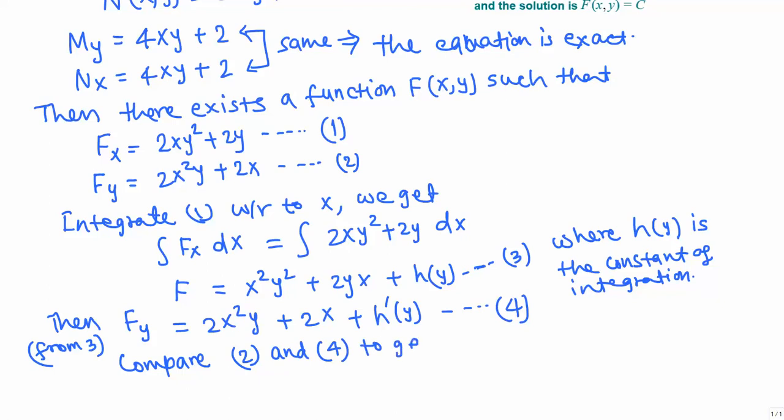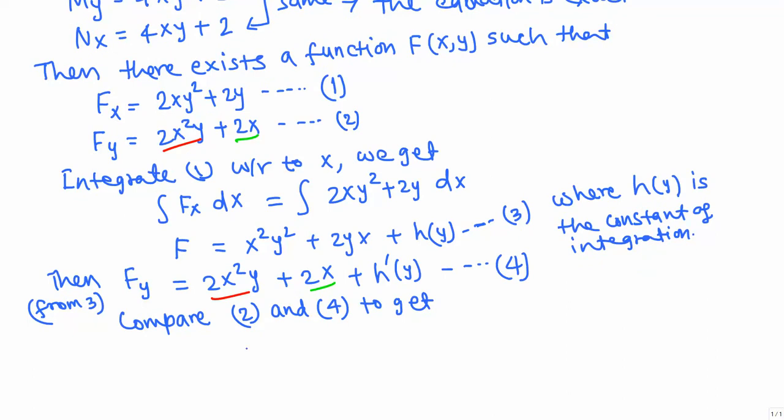The left hand sides are equal, f_y, so 2x squared y and 2x squared y are the same, and here 2x is the same. That means this h prime of y should be 0, because there is nothing else here, but the left hand sides are equal. That means h prime of y must be 0.